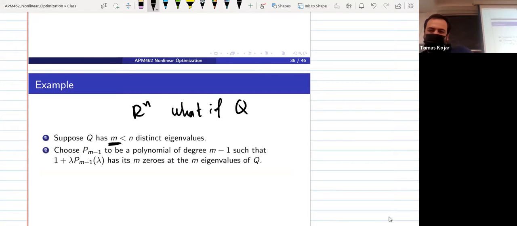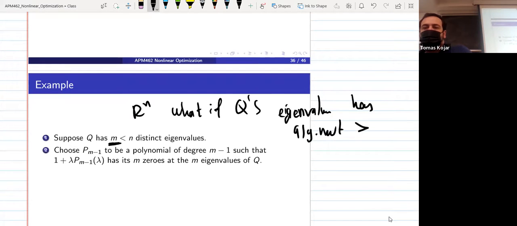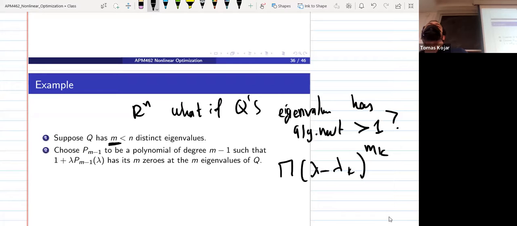So what if Q's eigenvalues have algebraic multiplicity bigger than 1? And that just meant when you factor your characteristic polynomial like that, you have these m_k's, right? They're bigger than 1 here.